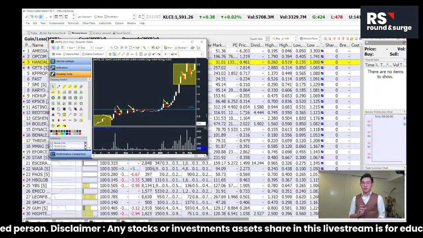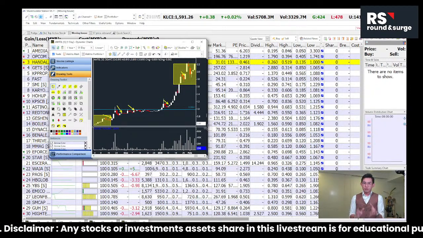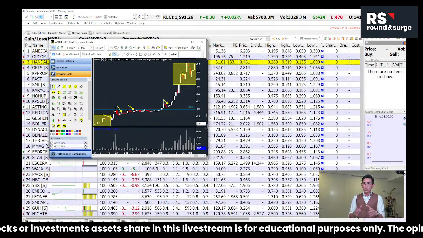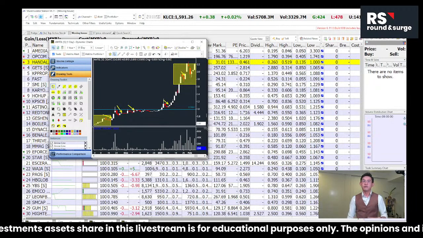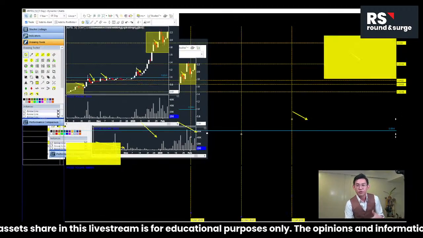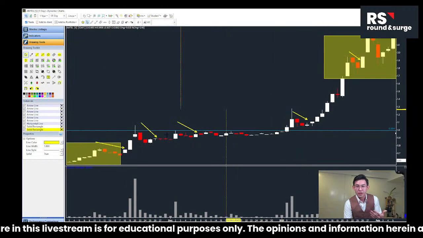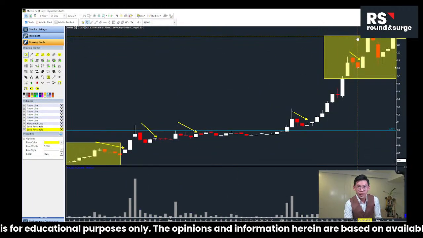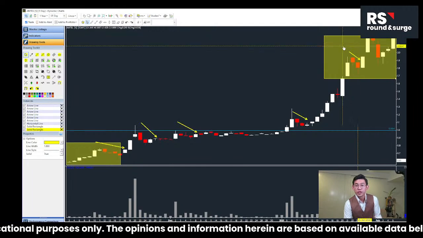Make sure you do the risk management, because making profit, yes, that is our objective, but in order for us to achieve it, imagine if you are able to make from about 78 cents up to 2 ringgit over here, about 300%.